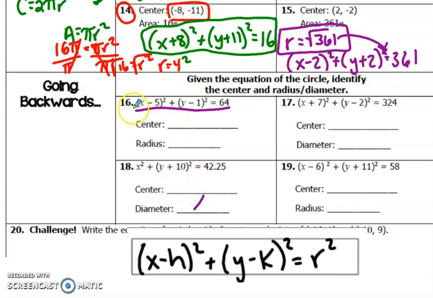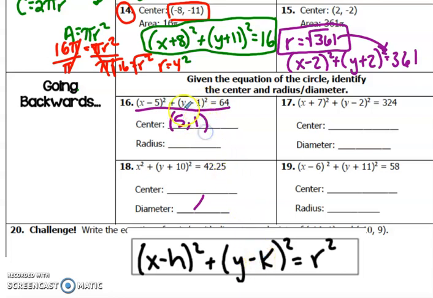Here on the first one, you have the minus sign in your equation, which matches up, making your h positive. So your center is actually a positive 5, even though it looks like a negative 5 in your equation.